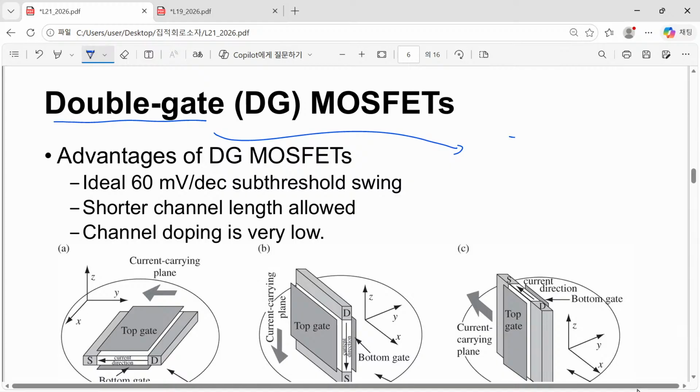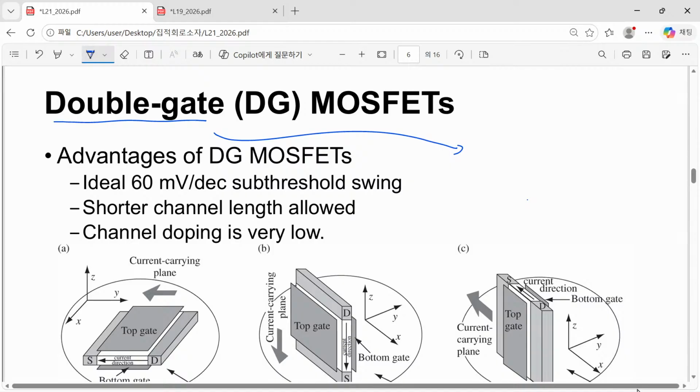Simply speaking, here we have a silicon, and here we have one top gate, and for example a bottom gate, and almost entirely we apply the same voltage to this top and bottom. So they are called common operation, and we are talking about common gate operation.